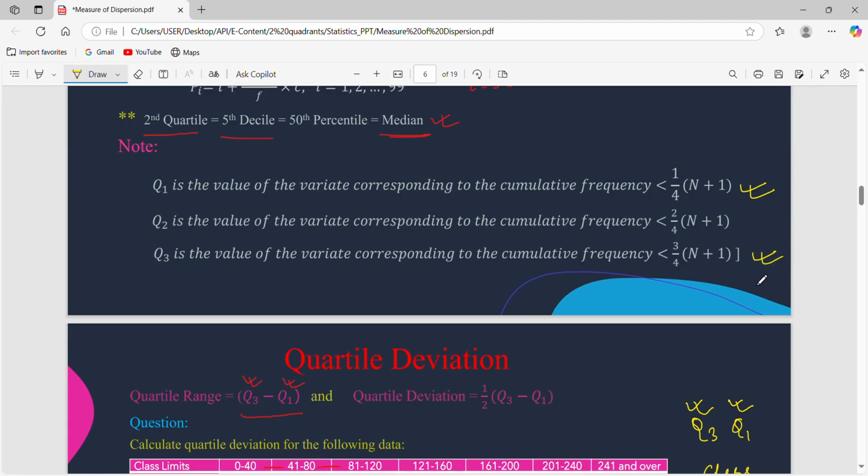We only require Q1 and Q3, no need for Q2, so we skip it right now. Q2 means median, and for the median class we already know it is the class having the highest frequency.